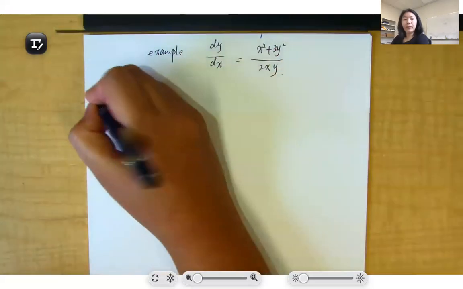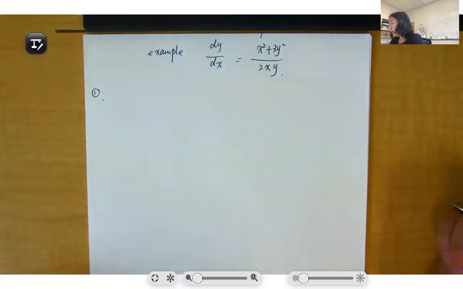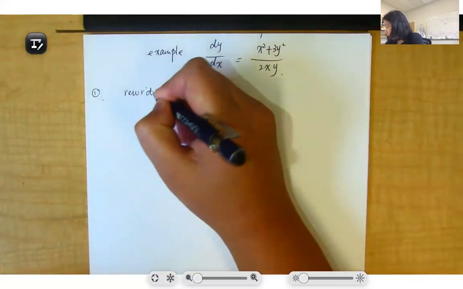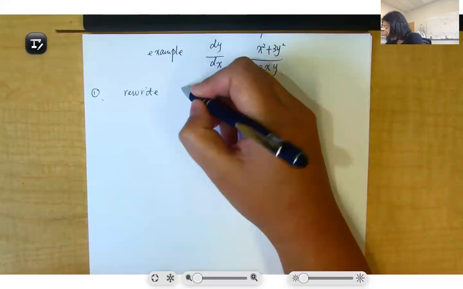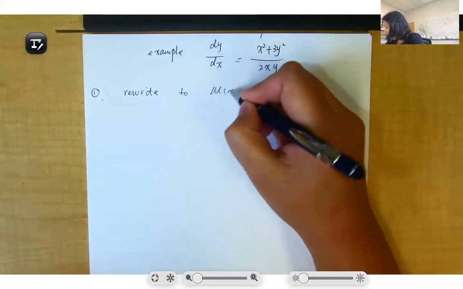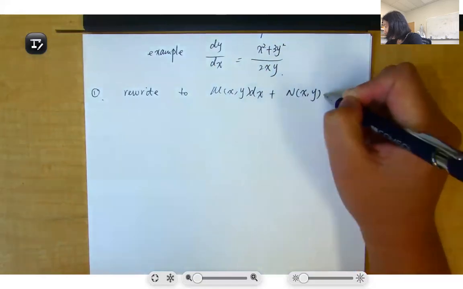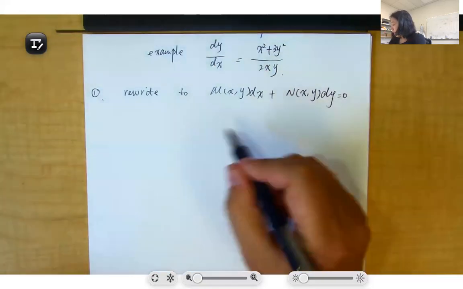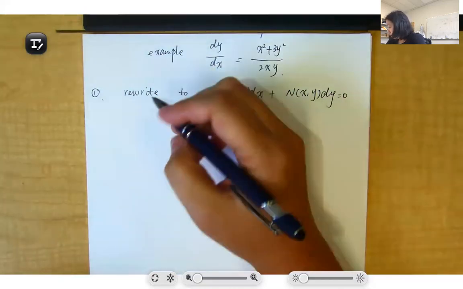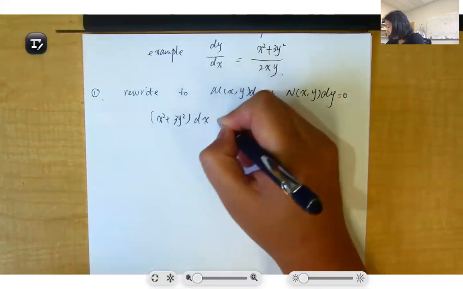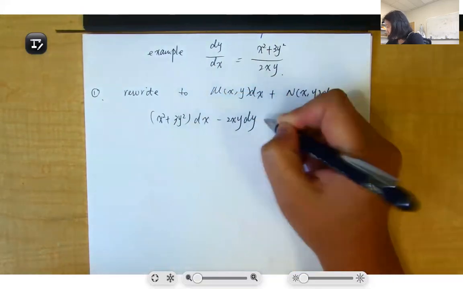And the first step, we will rewrite this ordinary differential equation into the standard form, which is M(x,y) dx plus N(x,y) dy equals 0. Using this example, it will be (x squared plus 3y squared) dx minus 2xy dy equals 0.